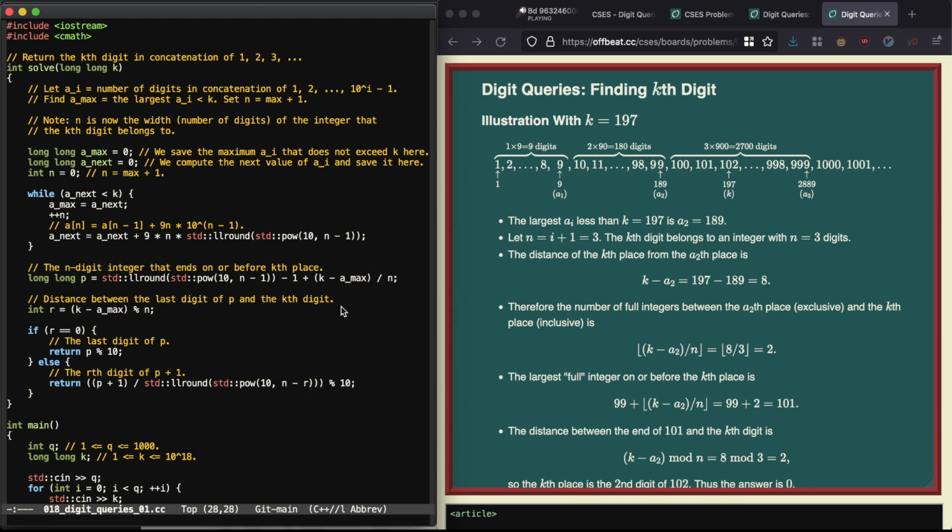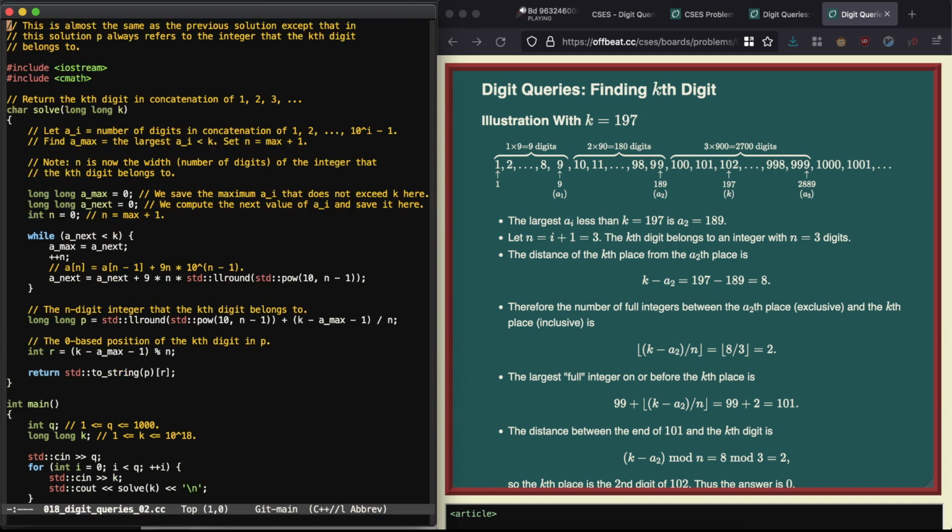The last bit is, can we make this part a little bit more elegant? And the answer is yes, we can. So let's see what I'm changing. Once I found this peg number, to make this more elegant I'm doing all the distance computation from this digit, the first one of this new group.